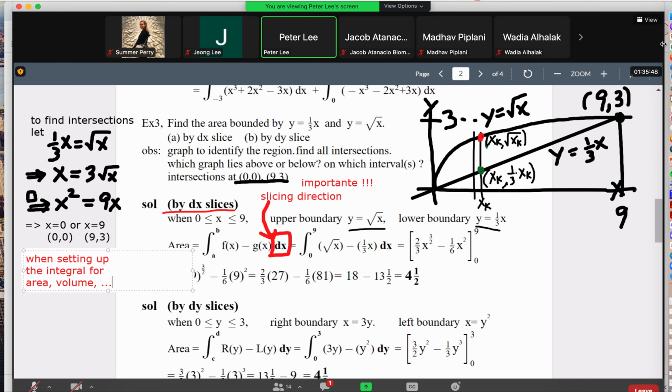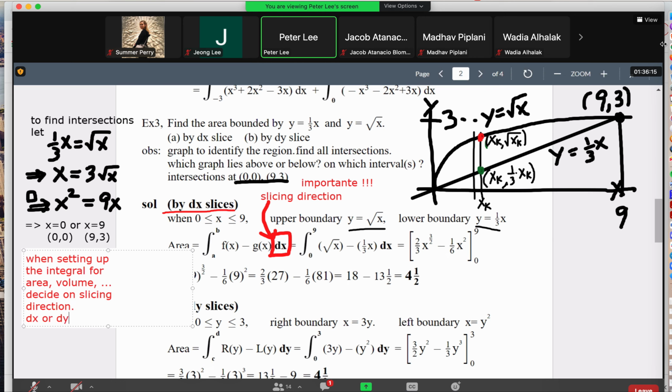So what do we have to do? When setting up the integral, first you have to decide on the slicing direction. Very important. Is it dx or dy?